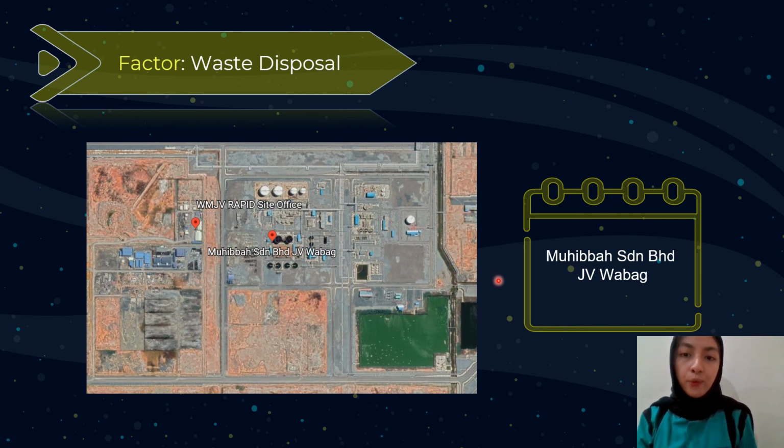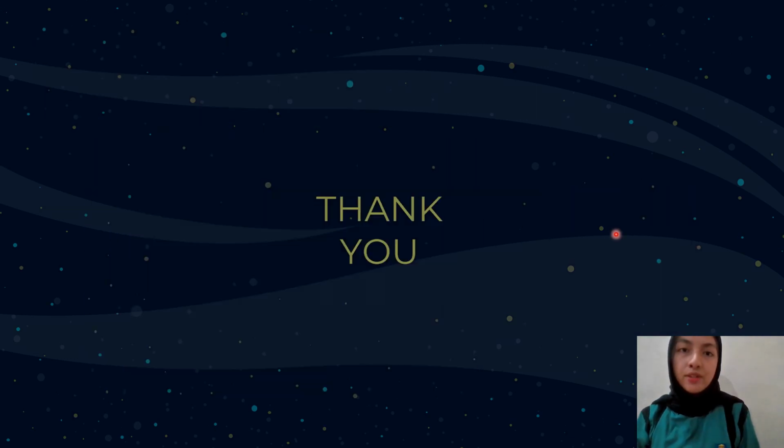On top of that, Mohibah Sendirian Berhad purifies wastewater coming from all industrial plants in Pengerang, and they ensure an environmentally friendly discharge of wastewater into rivers or any receiving water. Besides that, Mohibah Sendirian Berhad also implements a reusable method of treated wastewater. So that's all from us.